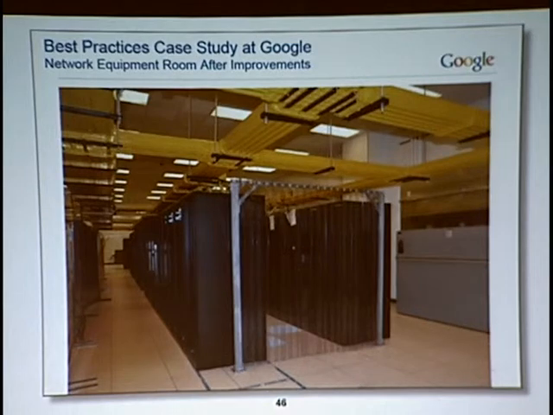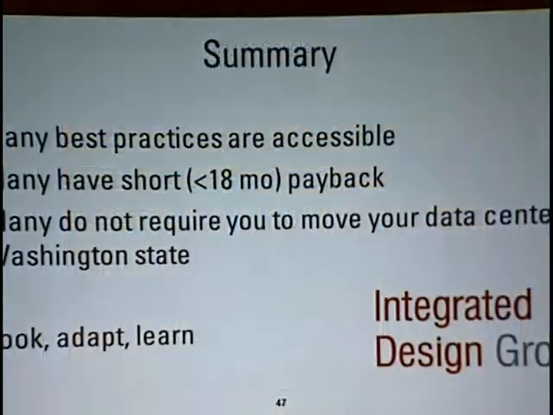So it just goes to show you that not everything Google does is building things on top of hydroelectric dams that not everyone can do. There's a lot of simple things that you can do, either in existing spaces or in your designs, that are like the things that Google does. So pay attention to these things. I think many of these best practices from the internet superstars are accessible to us, and we can learn from those cases.